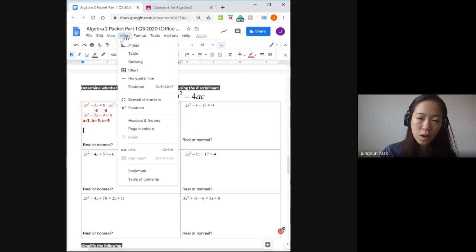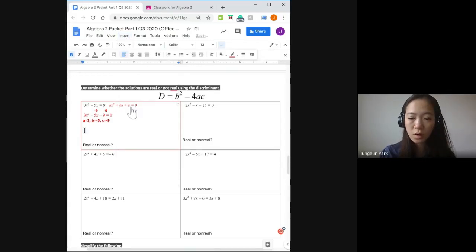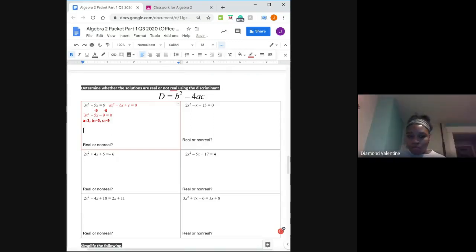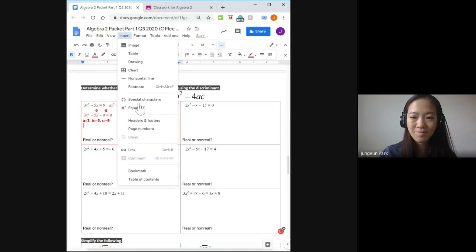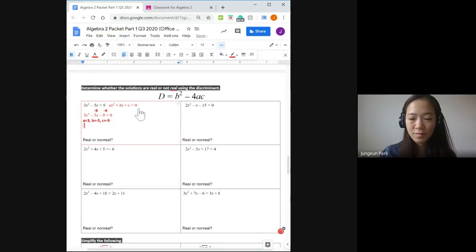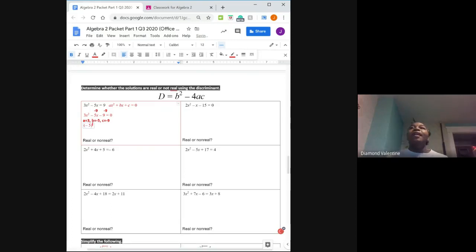So let's do that. If you have a calculator with you, you can use it. First of all, b, which is -5. -5 squared, what is that? Wouldn't that be negative 25?